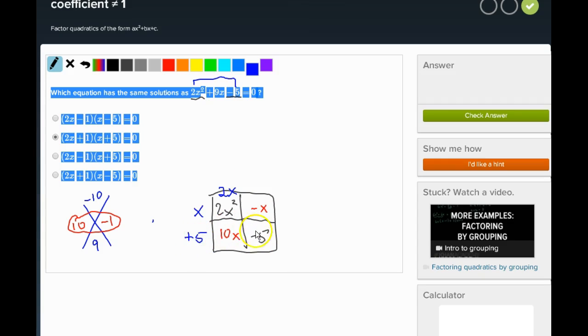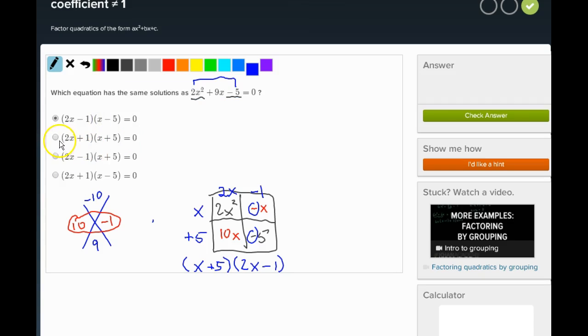So 5 times -1 is -5, but that's also what these have in common. They both have a negative in common, so that would be a -1. So there's your answer, x plus 5 and 2x minus 1 in no particular order. 2x minus 1, x plus 5, right there.